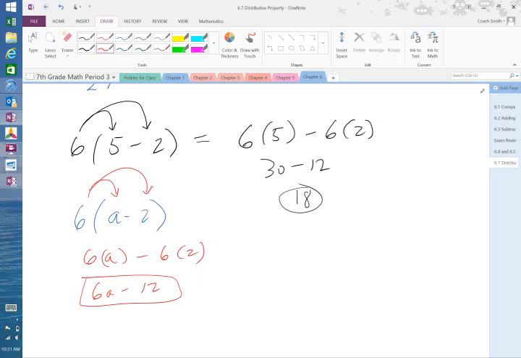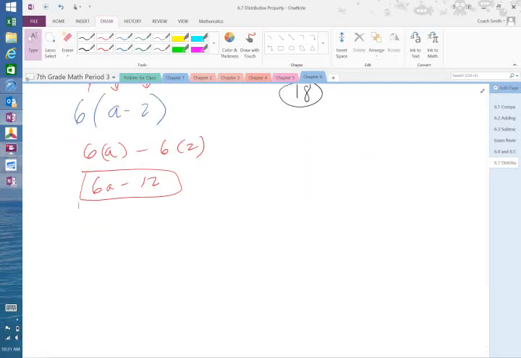So we got to understand the distributive property. Now, for what we're doing today, here's how you're going to use the distributive property. You don't have to mess with the variables today. That'll come in another section. But here's what we're looking at. First of all, this is problem number 11. They want you to show the distributive property.